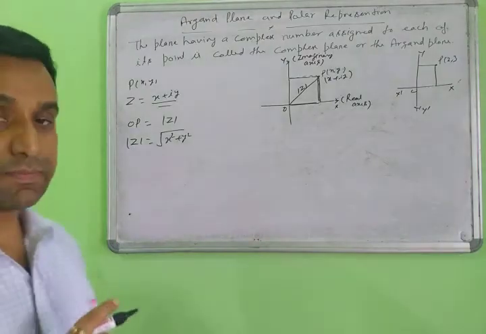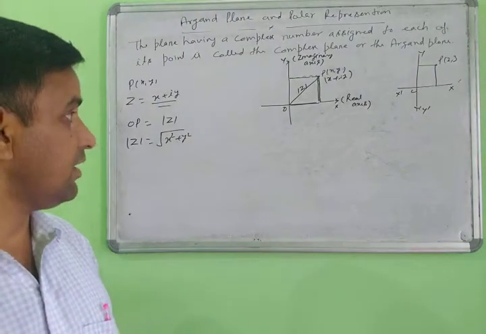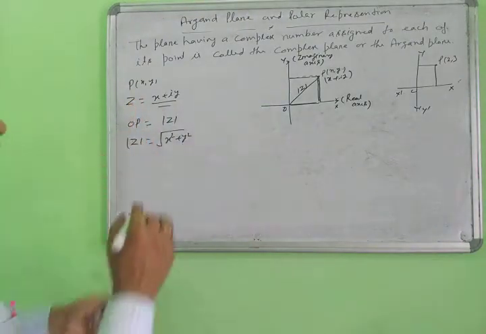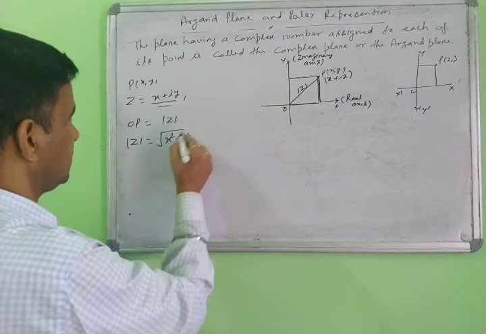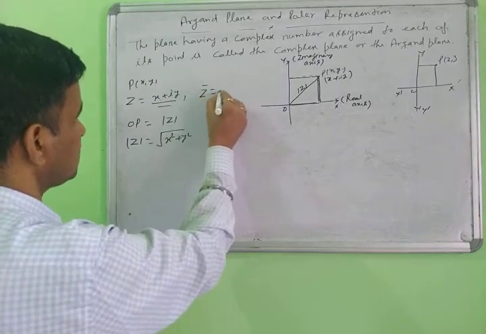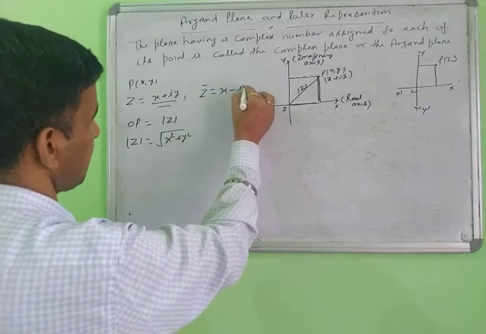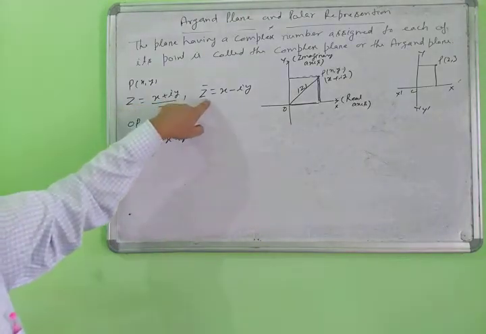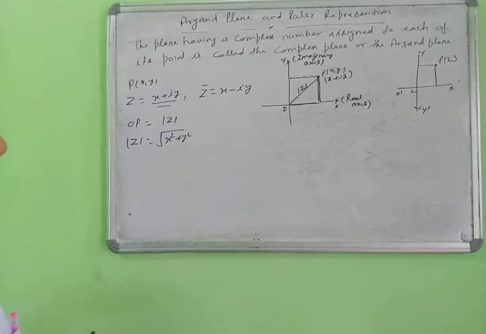But suppose you have the conjugate of this number. The conjugate means x minus iy. How do you represent this? This is the original number, and this is its conjugate.